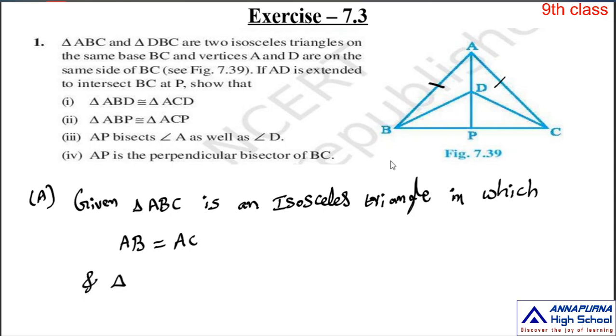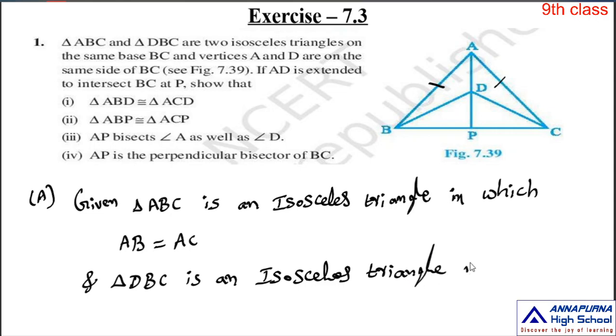And triangle DBC is an isosceles triangle in which BD is equal to CD.